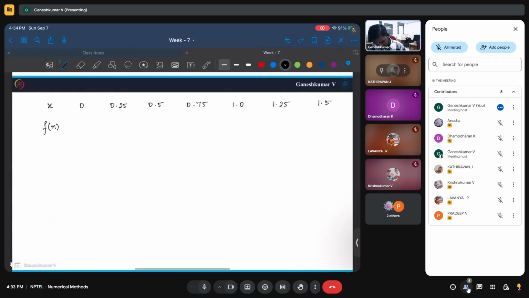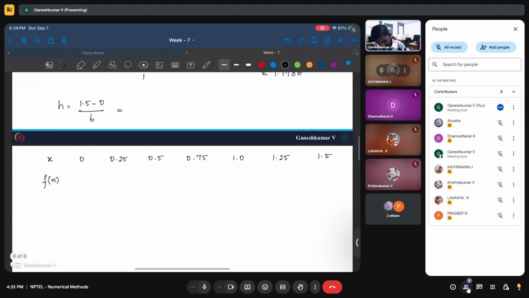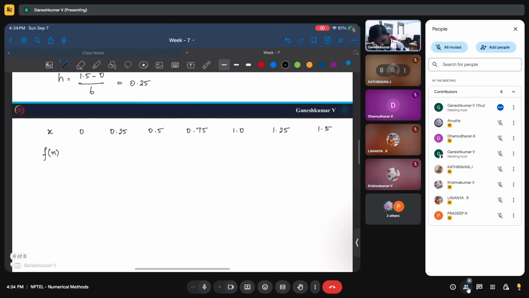Okay, now you have 6 intervals, and h is 0.25. Let me write down here, f of x is 2x by 1 plus x square. This is the function we want to integrate.